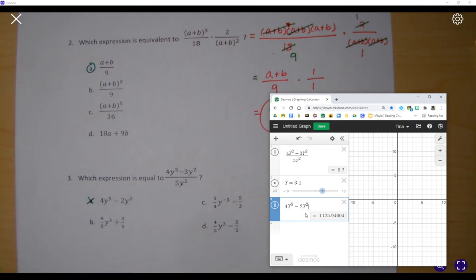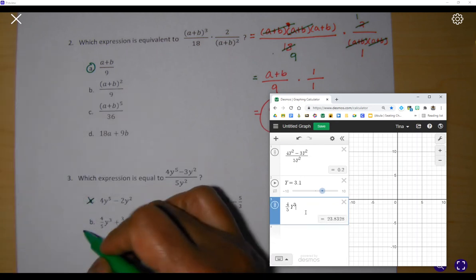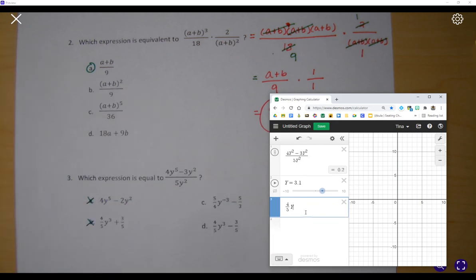I'm going to go to answer choice B. So you have 4 over 5, y to the third, plus 3 over 5. Nope, it cannot be this one. Let's look at answer choice C, 5 over 4, y to the power of negative 3, minus 5 over 3.